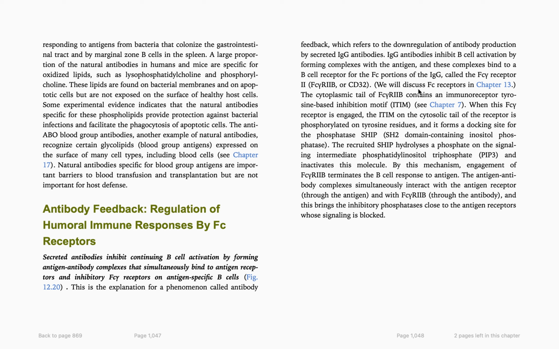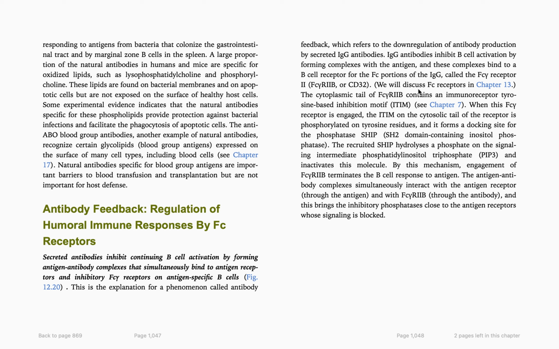The cytoplasmic tail of Fc gamma RIIB contains an immunoreceptor tyrosine-based inhibitory motif, ITIM, as seen in chapter 7.